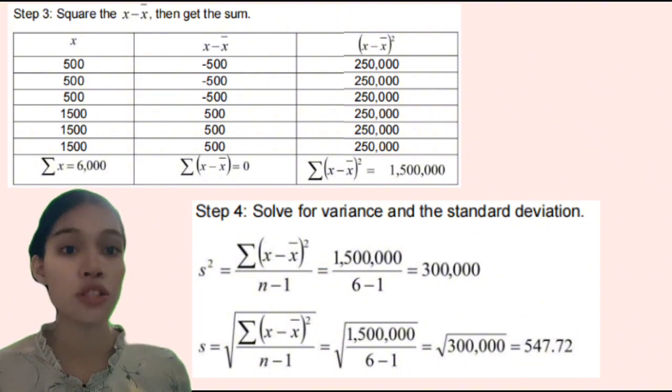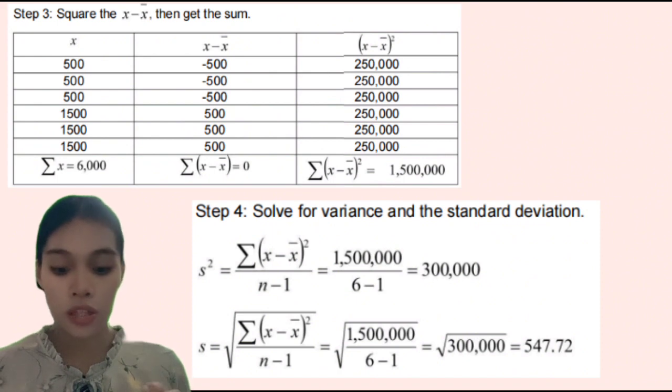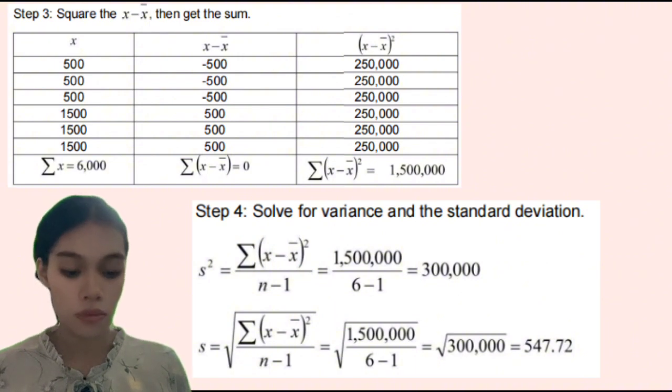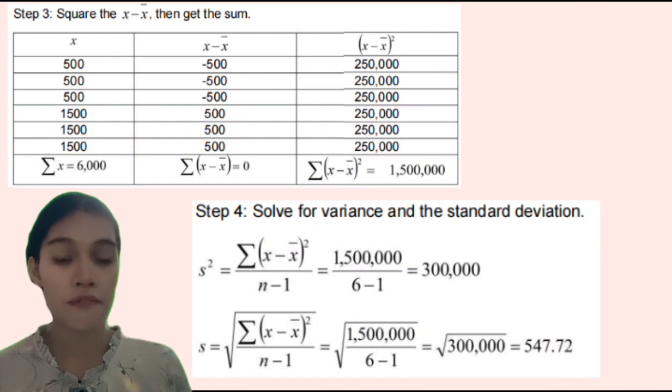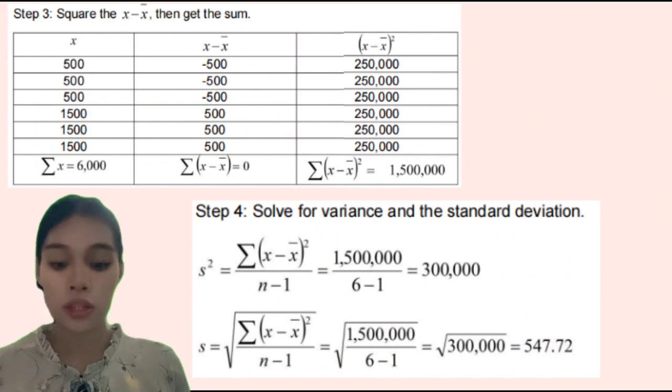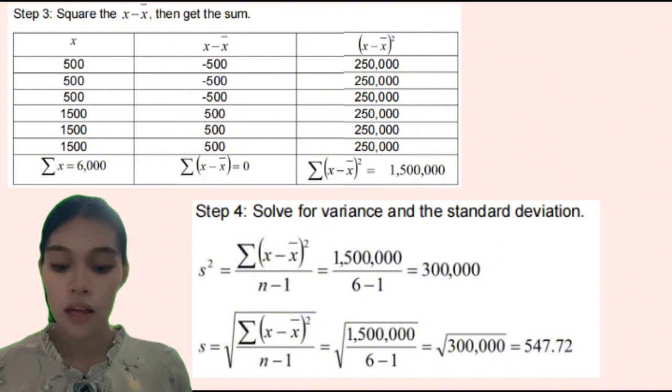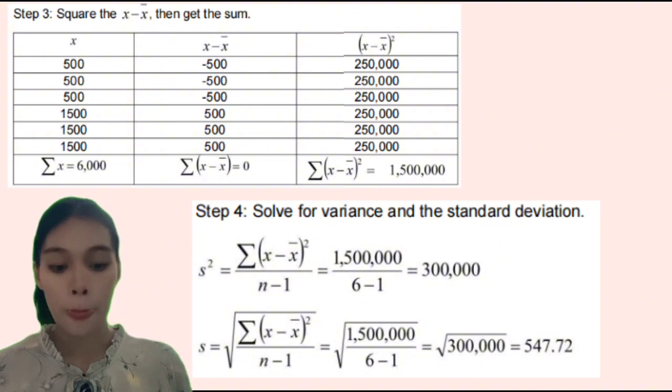You can compute that to check. So we need to get the sum: 250,000 plus 250,000 plus another 250,000 and another 3. The sum is 1,500,000.